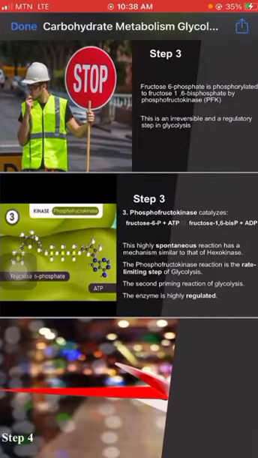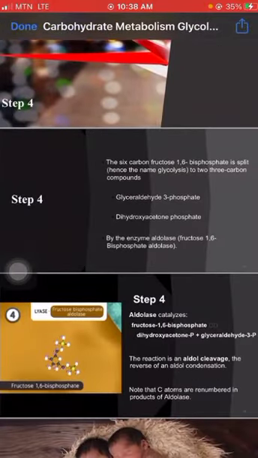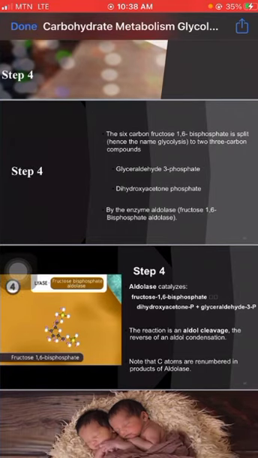Let's move to step 4. In step 4, what happens? The fructose 1,6-bisphosphate will be cleaved into 2, 3-carbon compounds. I've talked about this before. They are called glyceraldehyde 3-phosphate and dihydroxyacetone phosphate.